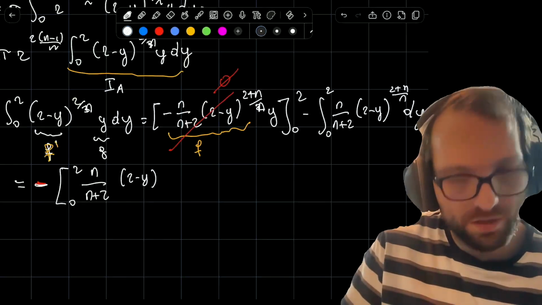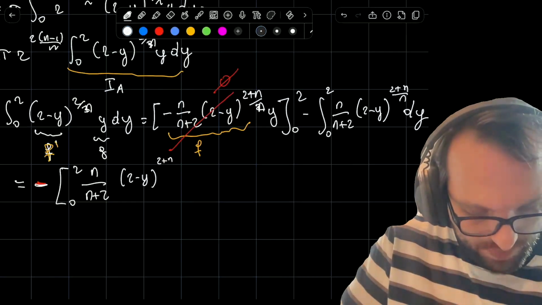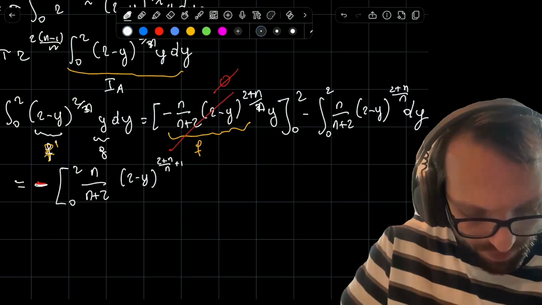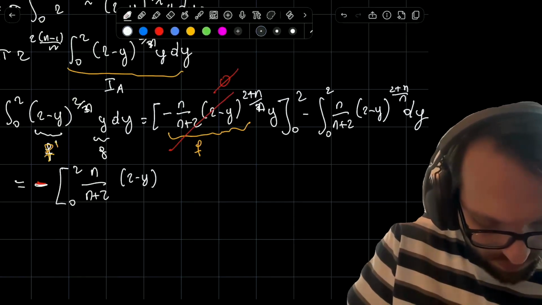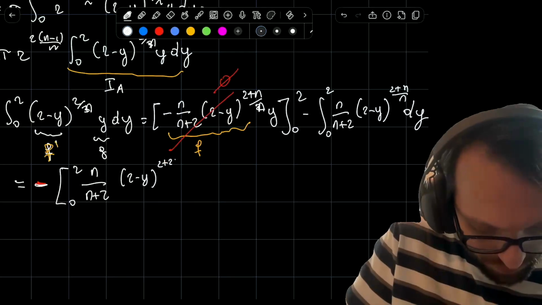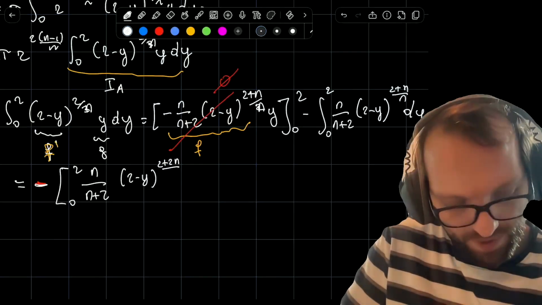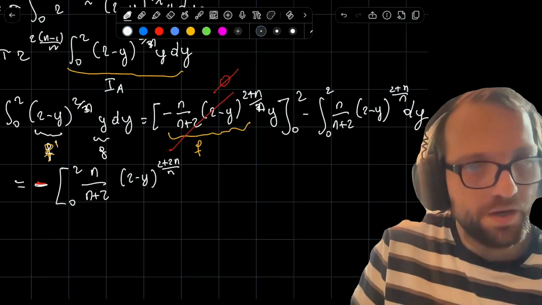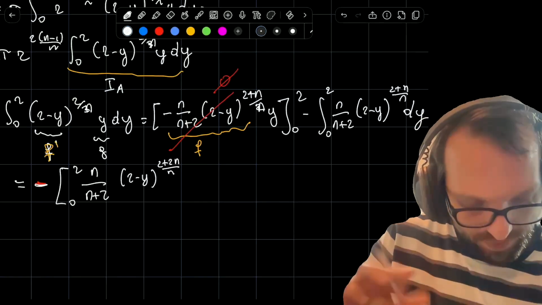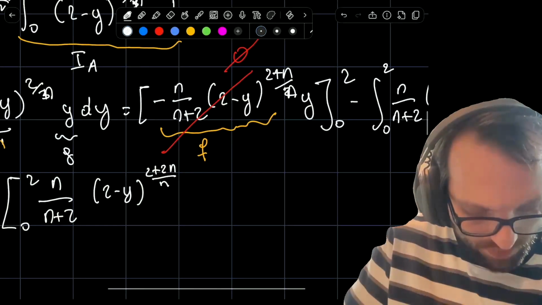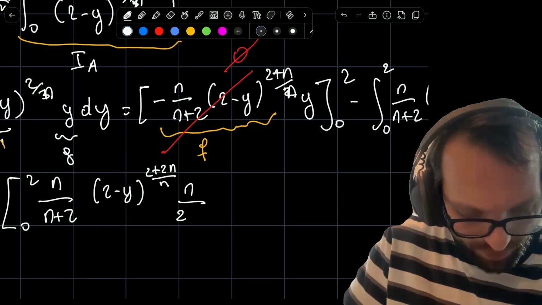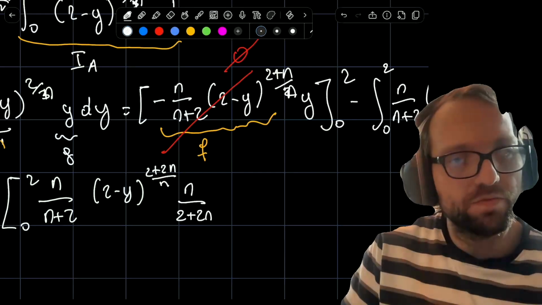This is going to be 2 plus n divided by n plus 1, which is 2 plus 2n divided by n, and the reciprocal is going to be the term that multiplies the value.